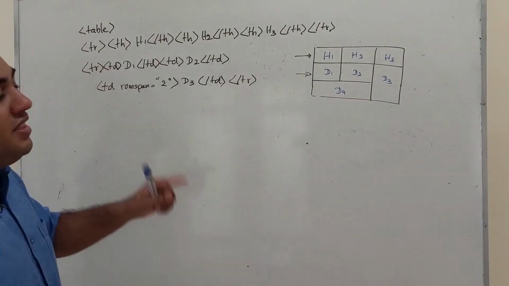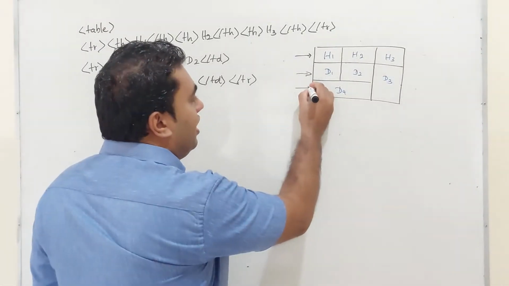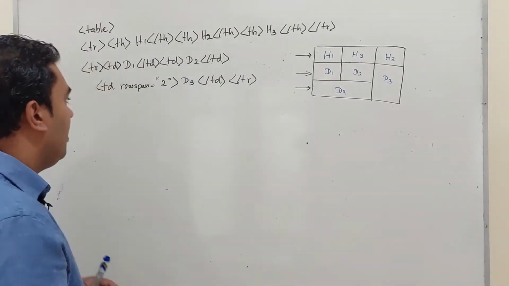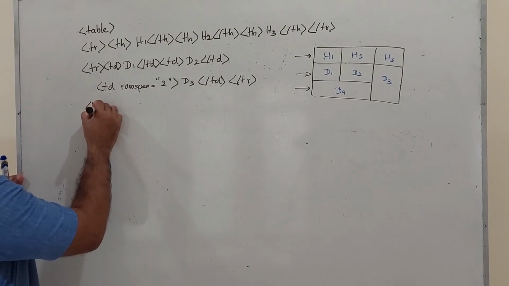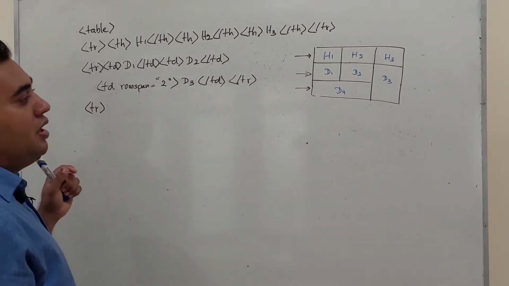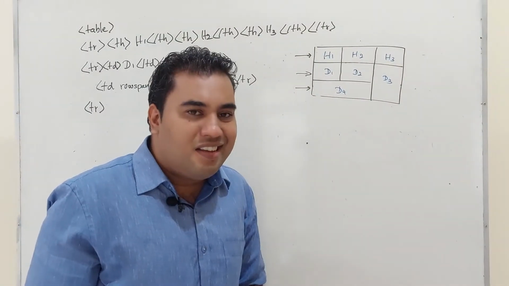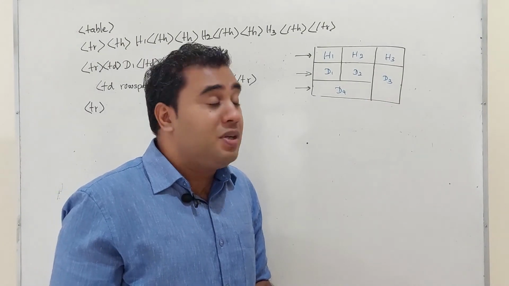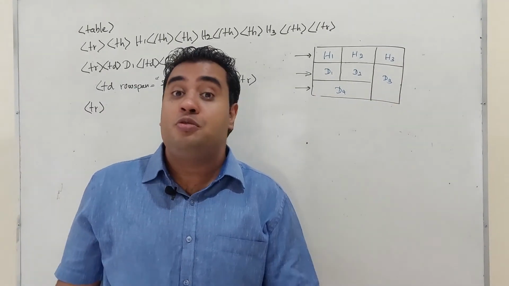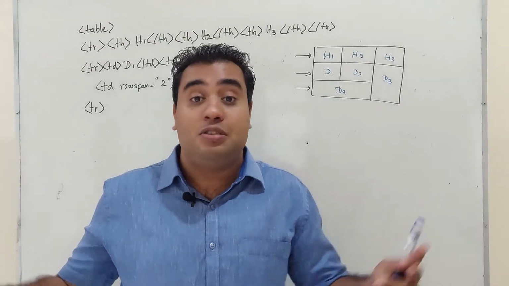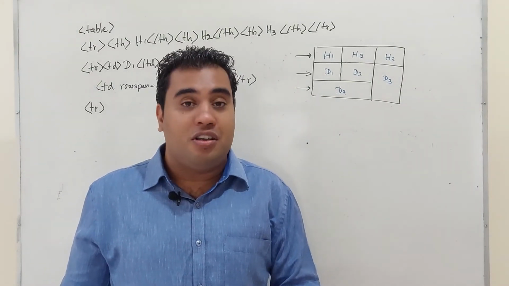Now we'll move on to the next row, the last row. Again we have to start a table row, and that cell also is a bit different because it has spanned over two columns, not in two rows but in two columns.